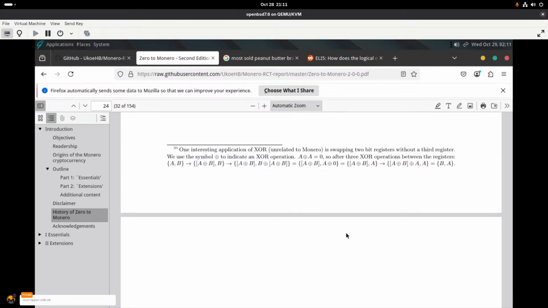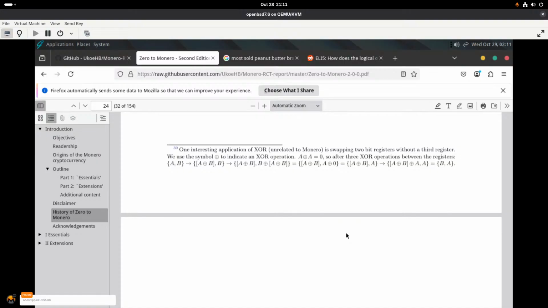One interesting application of XOR unrelated to Monero is swapping two bit registers without a third register. We use the symbol ⊕ to indicate an XOR operation. A ⊕ A equals 0.